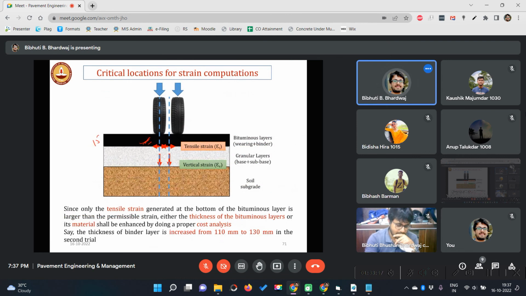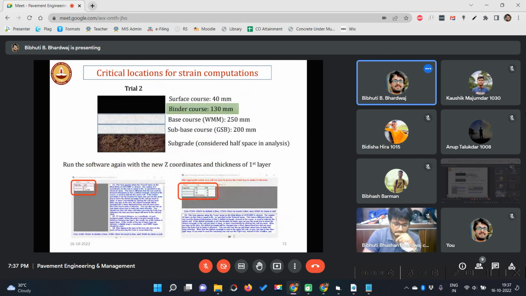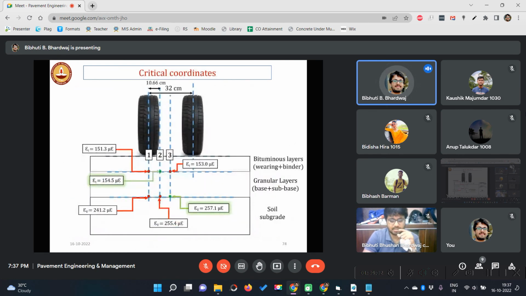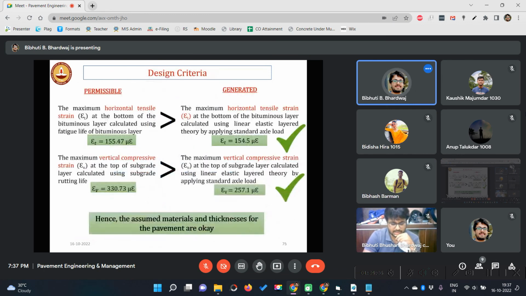This is 15, this is 450, so we may take 550. Anyway, you can check the new thickness and again calculate the strains, and for this strain it's coming okay. So hence the assumed materials and thicknesses are okay.